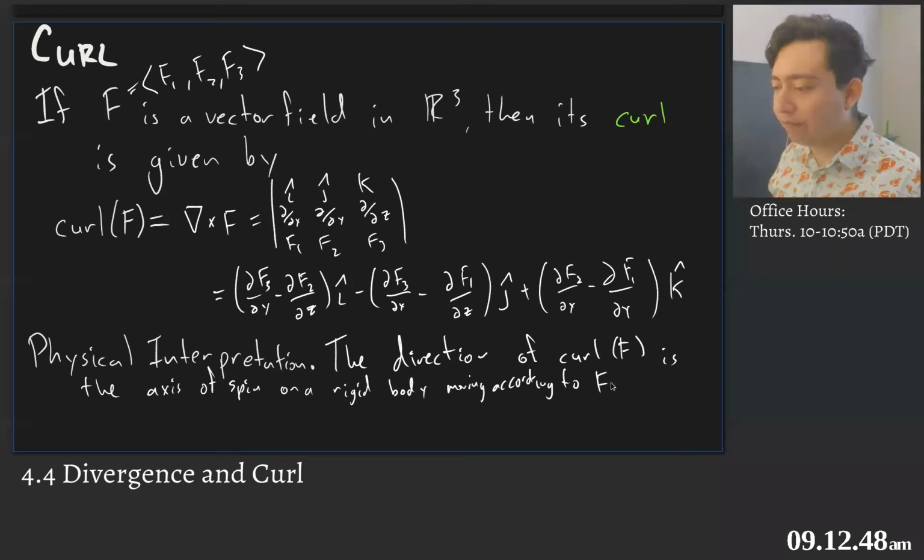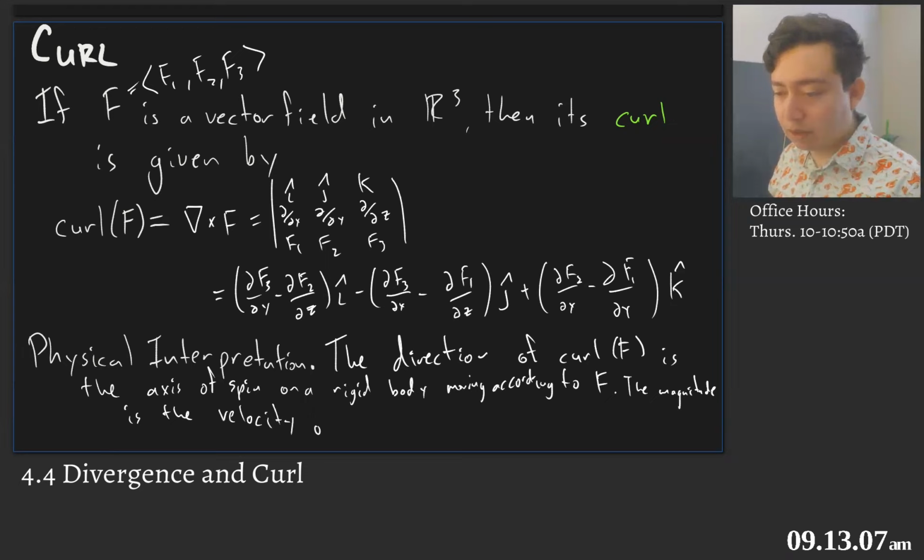And so this is a vector, so it has 2 things. It has direction, but it also has magnitude. The magnitude is the speed or velocity of the spin.